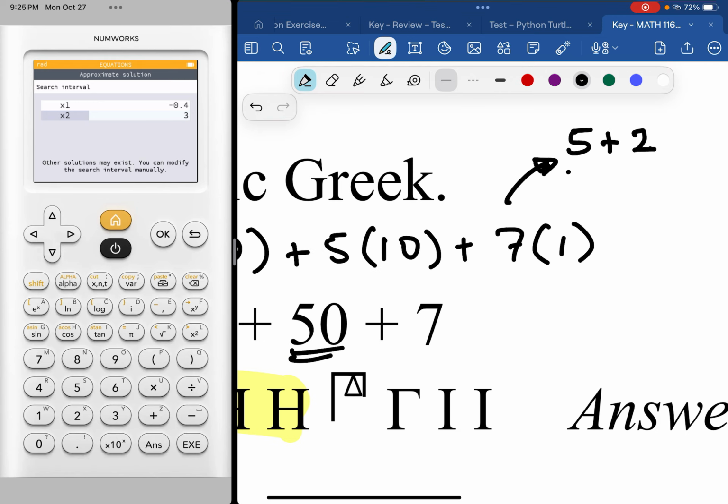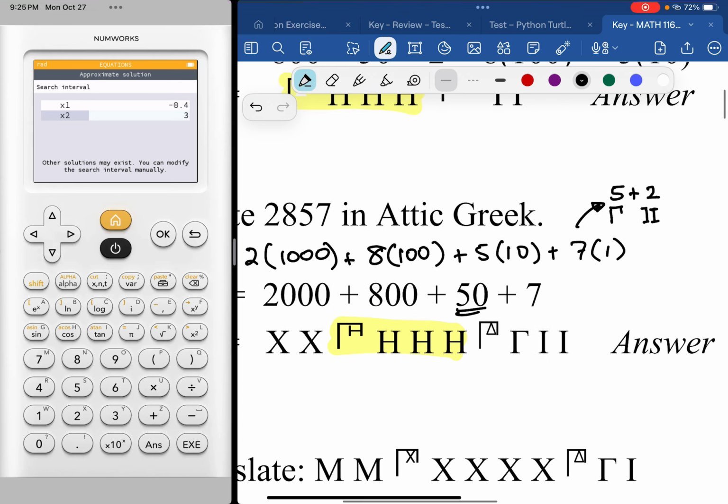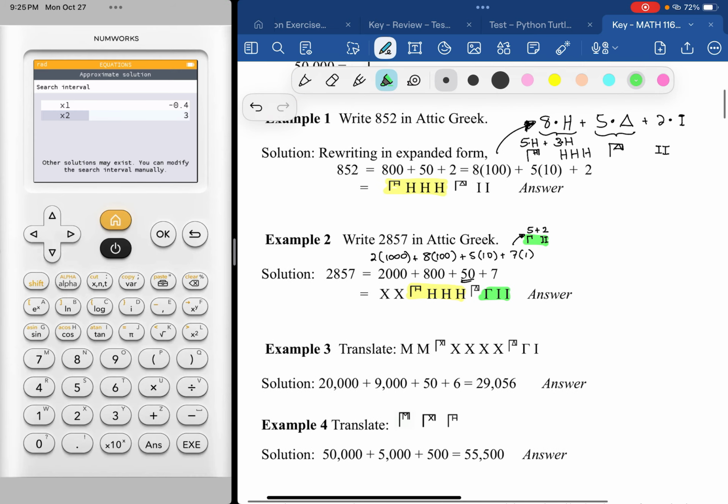And so we have a penta, and then another 1, 2. All right, so that would get me to this part of it. All right, so some of it we had already done, some of it we had to figure out as we go.